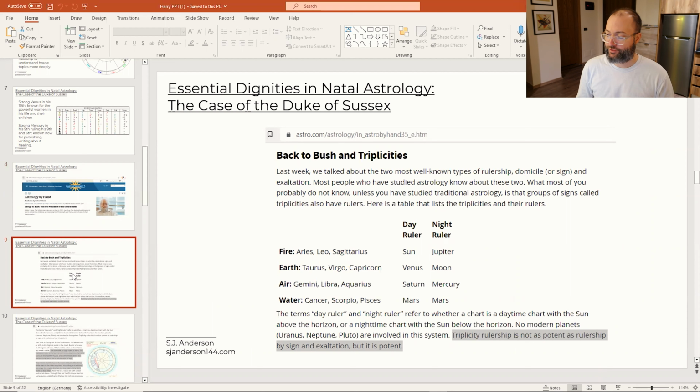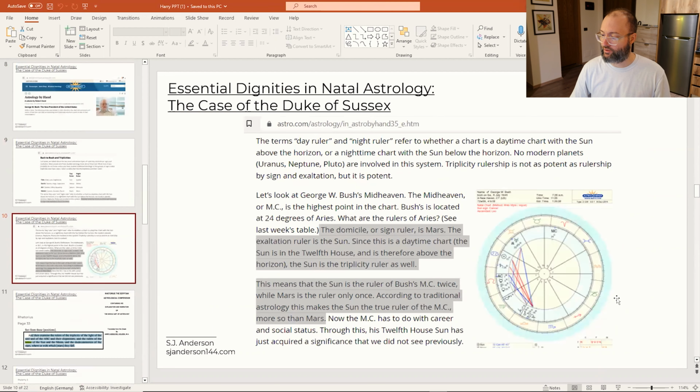Here's a quote: triplicity rulership is not as potent as rulership by sign and exaltation, but it is potent. So I want to give you that background from Robert Hand. Here's another quote when he's using Bush's nativity. He's looking at Bush's midheaven, which is in Aries, and he says that the domicile ruler is Mars. The exaltation ruler is the sun, but since it's daytime, the sun is also the triplicity lord.